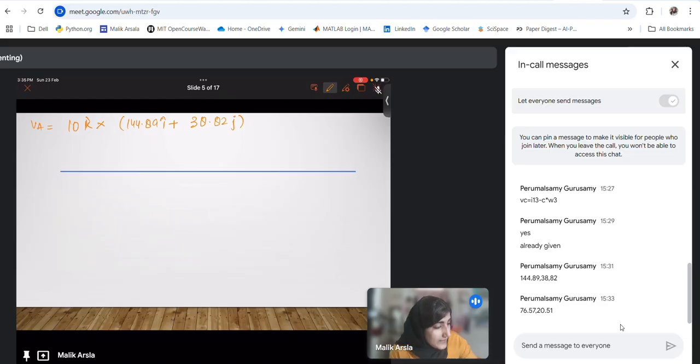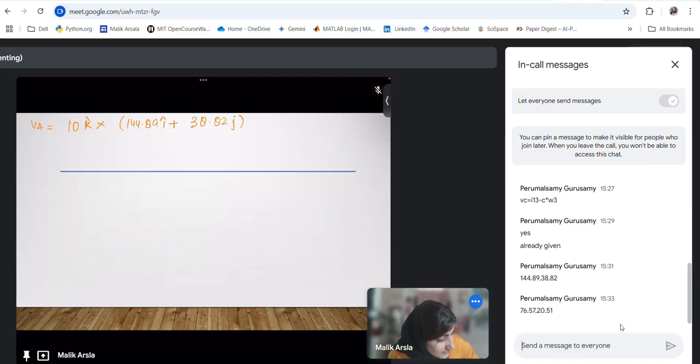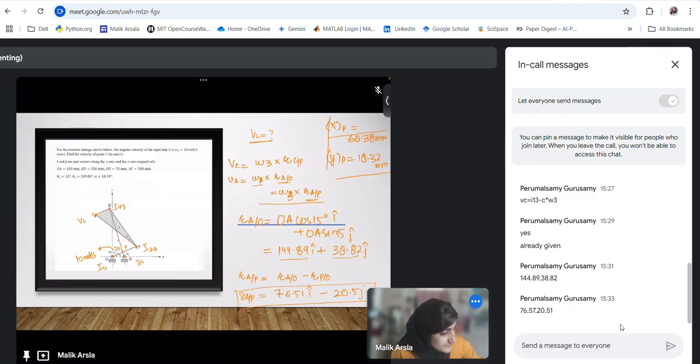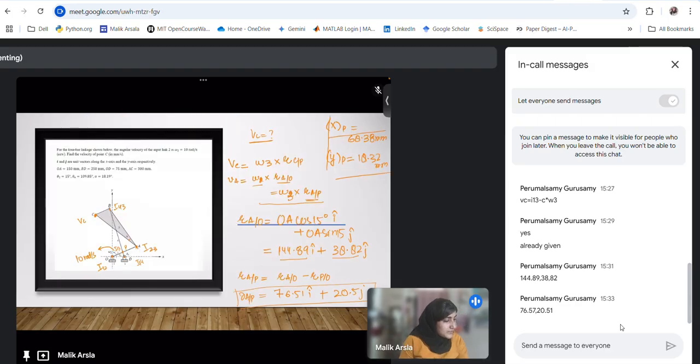Then we have this equal to omega 3 k cap crossed with this vector 76.51 I cap plus 20.51 J cap. I think this is plus here, right?